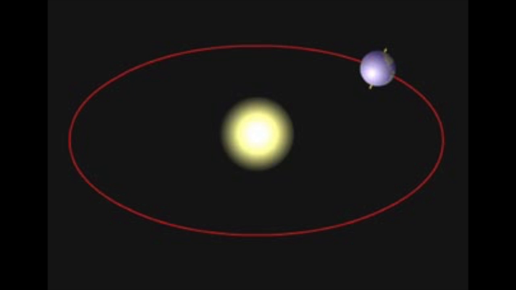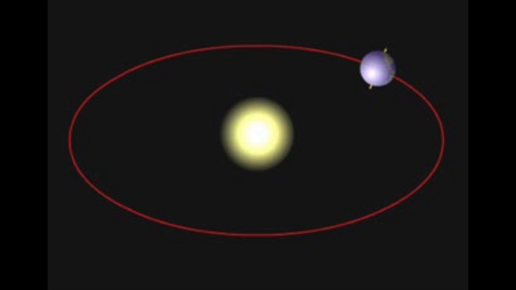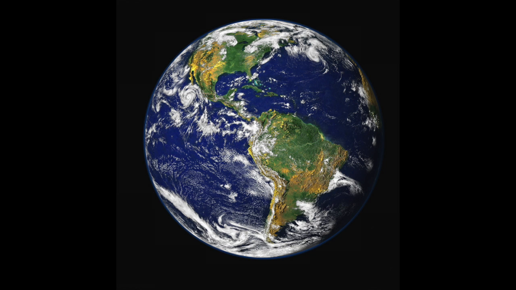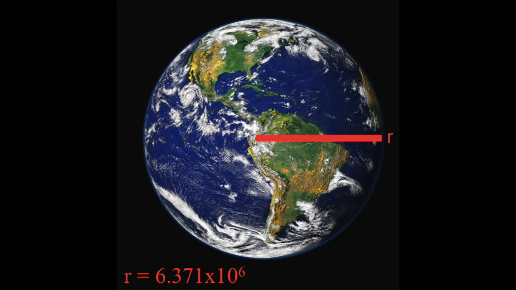Now let's put this into real-world context by finding the volume of the orbit around the Sun. The Earth, as it rotates around the Sun, follows a circular path, and with the Earth's shape, it creates a ring. The radius of the Earth's orbit around the Sun is 1.496 times 10 to the 11th meters. The Earth is a sphere with a radius of 6.371 times 10 to the 6th meters.